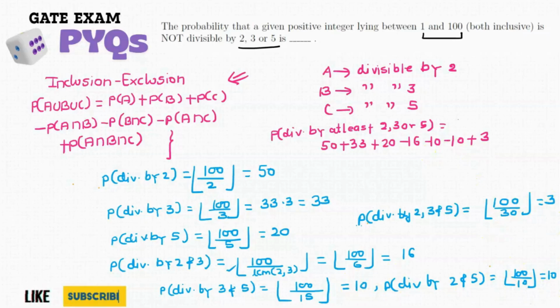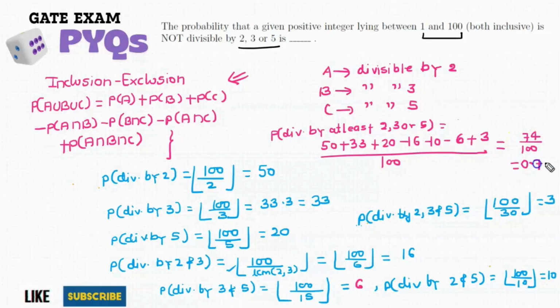Here it is 6, kindly correct it. So this is 6. So minus 10 minus 6 plus 3, and divided by the total number, which is 100. These are the favorable outcomes. Simplifying this, we are getting 74 over 100, which gives the answer as 0.74.